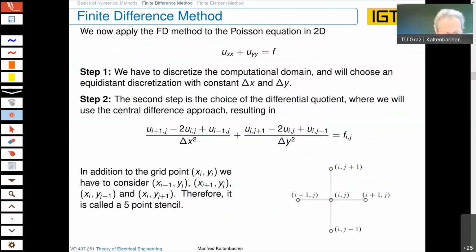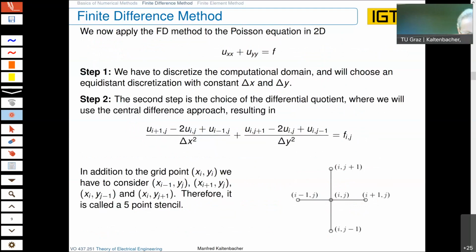Okay, so that means now let's plug in what we just have discussed. We have seen how we do the space discretization of first order and of second order, and it's no different if you take it in the y or in the x direction, as we have seen.